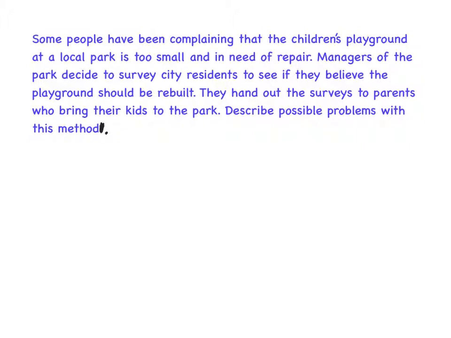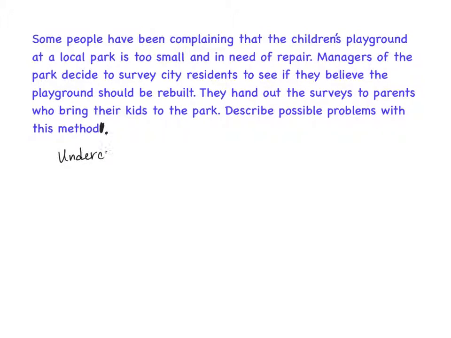So we talked in class a lot about a lot of the problems here. Part of the problem is they're only getting the surveys from the people who are there. So the people that they're missing are the people who either don't know about the park, don't go to the park, or more importantly, don't like the park, so they don't go to it. The problem that causes, and this is a source of bias, is an undercoverage issue.